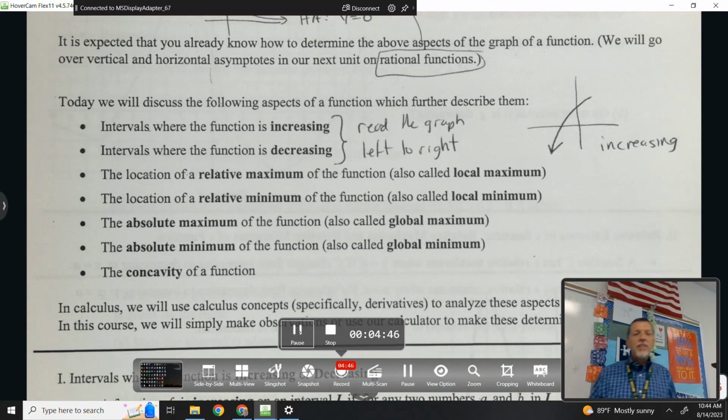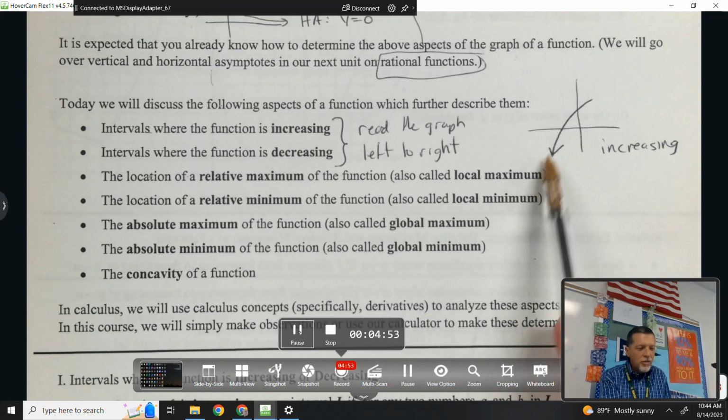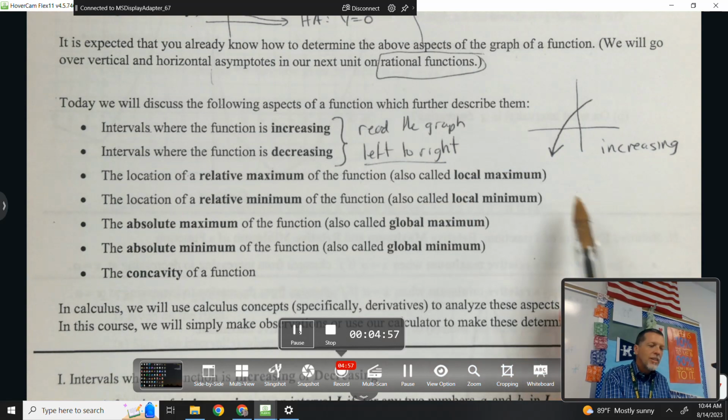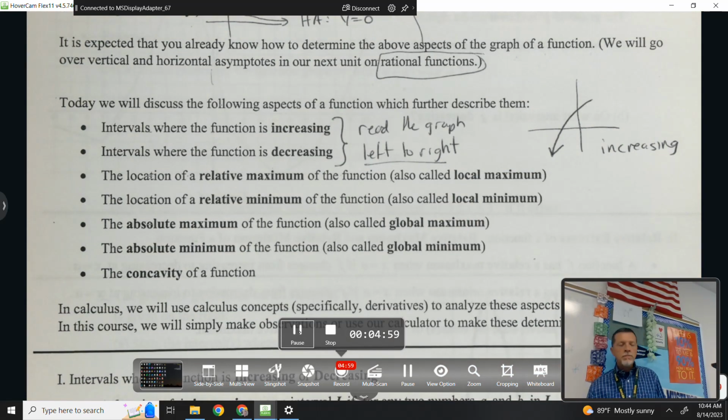I mean, it's obvious why people would say decreasing, because look, the arrow says it's going down. Well, yes, but as you move left to right, you are increasing. So you got to read left to right. Don't be fooled by the arrows.